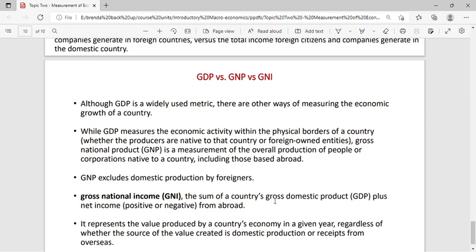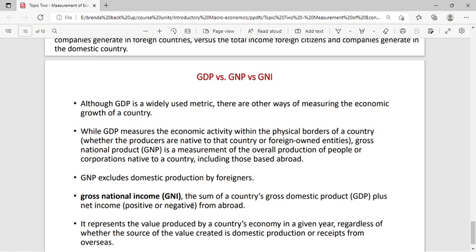So the other measure of economic growth is the gross national income, which is the sum of the country's gross domestic product plus the net income from abroad. So for national product, we add the production or what products produced by our nationals but out of the country.